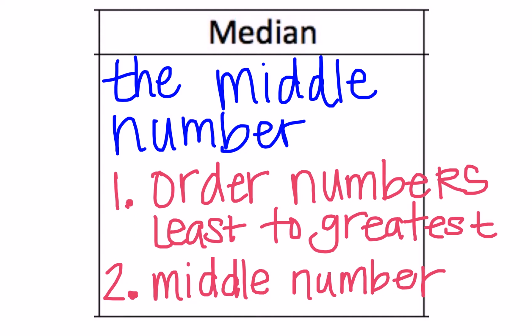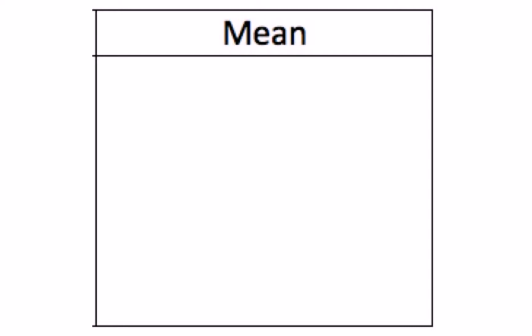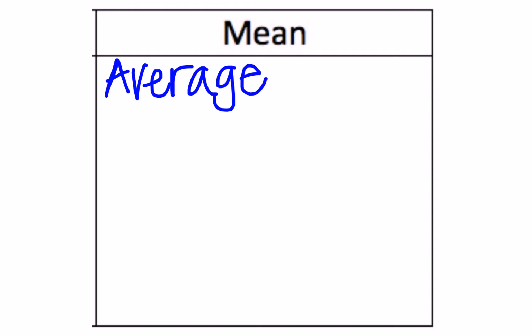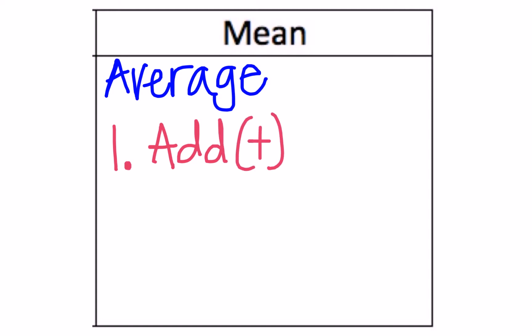And then we also have the mean. Another word you might know for mean is the average. How we find the mean, and you might already know this: step one, you add all data points.